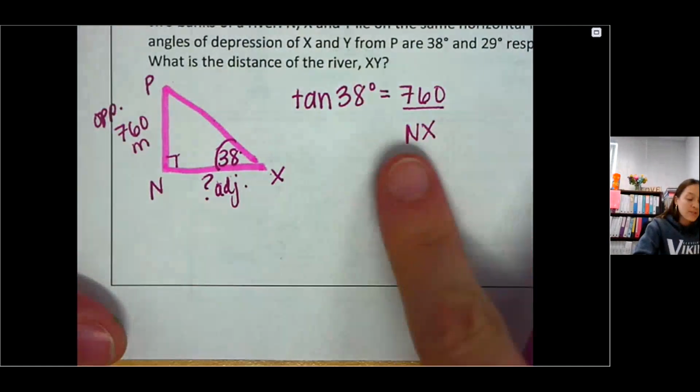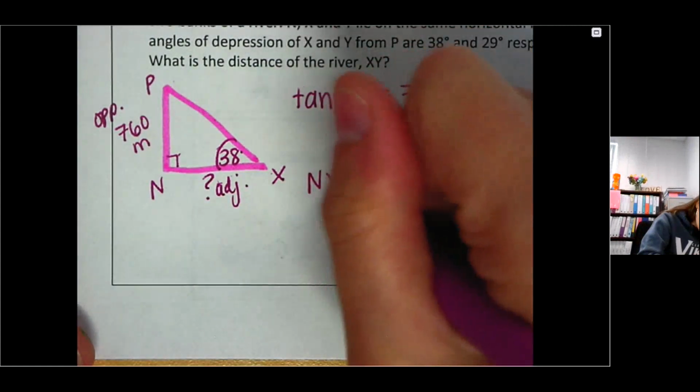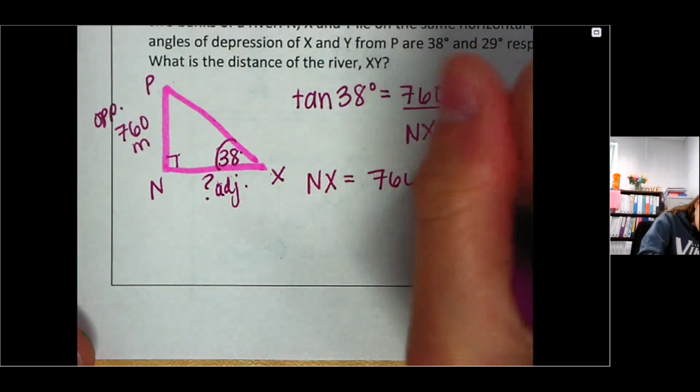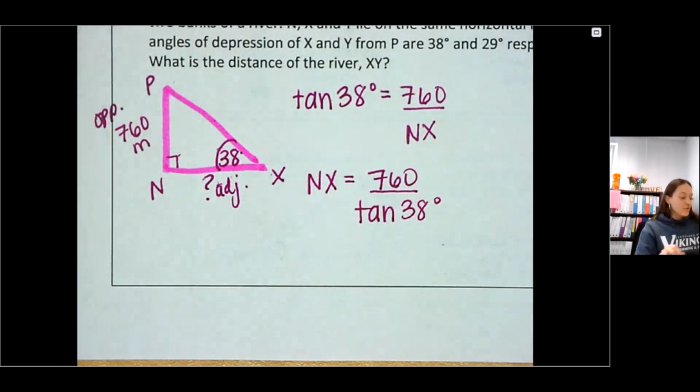Okay, my variable's at the bottom, so I have to divide. So I'll do 760 divided by tan of 38. And all I have to do from here is plug it into my calculator.